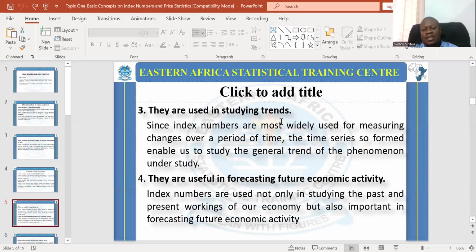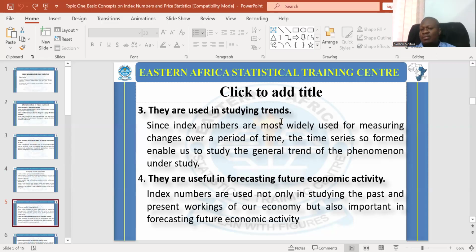Also, we can use index numbers in studying trends. Most of the time, when we compute index numbers, we compute them based on time, so from the index numbers you can have time series data. When you have time series data, you can establish a trend of prices or any other phenomena that you want to study.